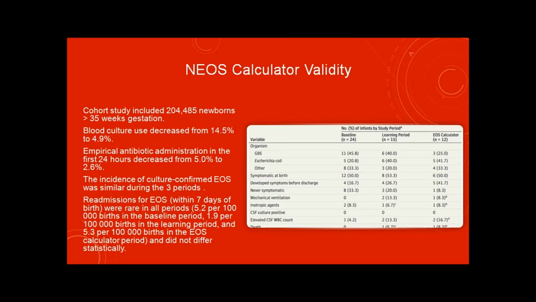Now, in our facility, the percentage of newborns that receive antibiotics compared to the babies that are delivered per year averaged about 14.5% from 2010 to 2018. So our antibiotic use is really high when you look at this group out of California and Massachusetts. The incidence of culture-confirmed sepsis was similar during all periods, and the readmissions were similar.